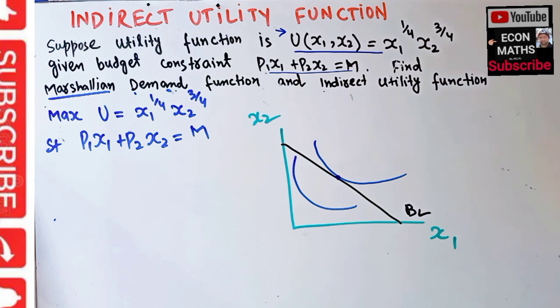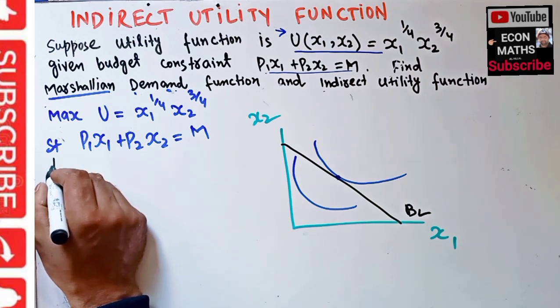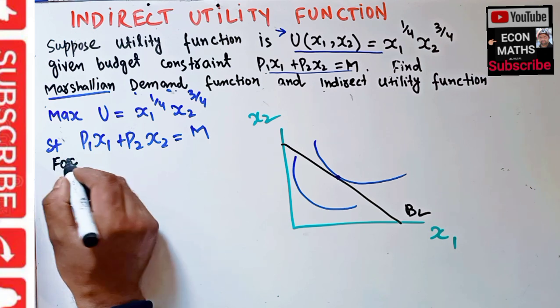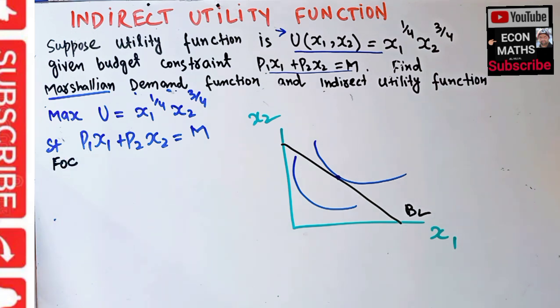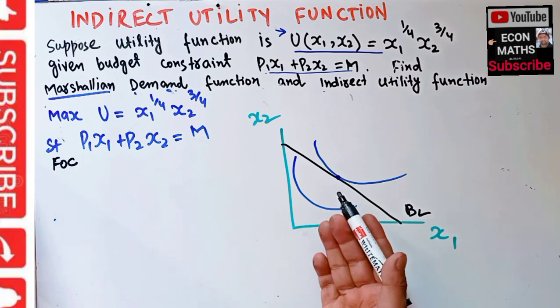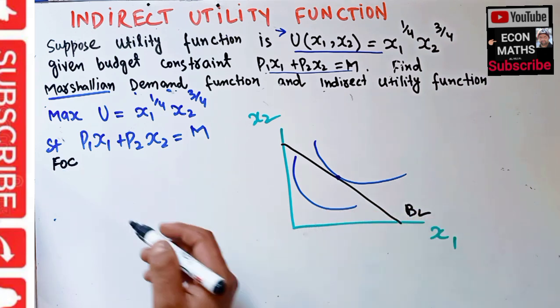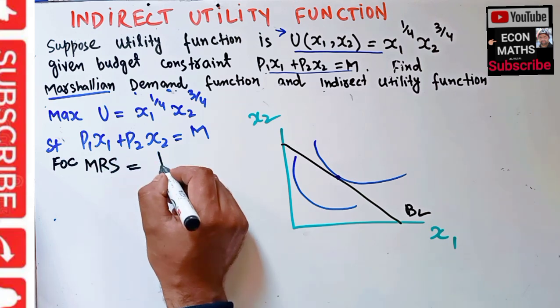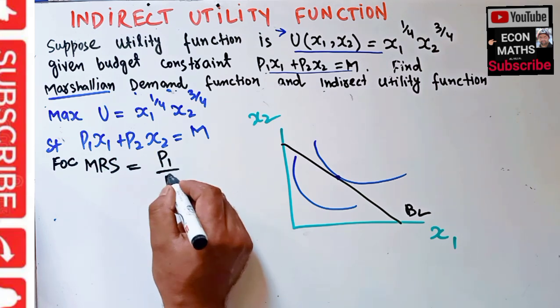Now, what will be our first order condition for optimization? Let me write it here: the tangency condition, or optimal condition for maximization, is that MRS should be equal to the ratio of the prices p1 upon p2.